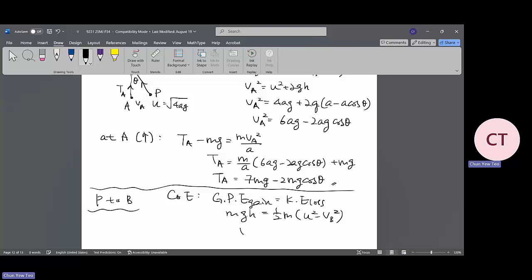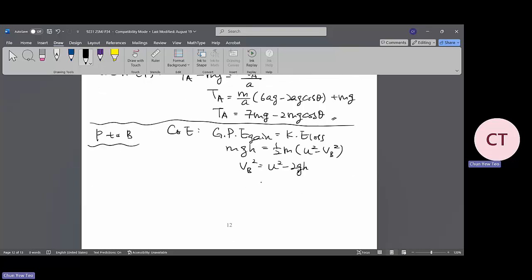You get VB squared equals U squared minus 2gh. Your U squared is 4ag, and your h is a plus a cos theta. Simplify them, you get 2ag minus 2ag cos theta. That is your VB squared.